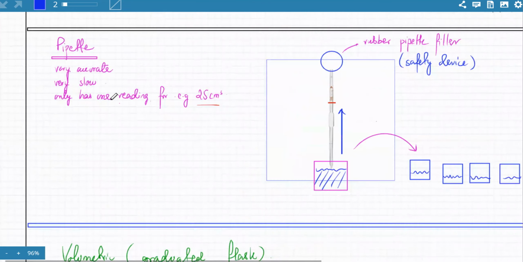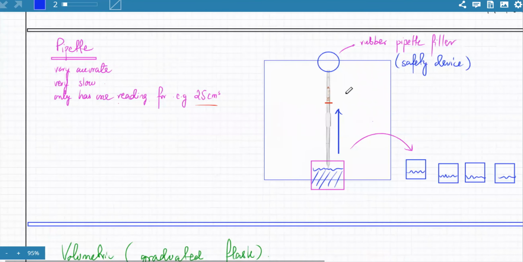And the problem with the pipette was that it had only one mark. It was very accurate and very slow, but it had only one reading, which was usually 25. I told you that it's specifically used to pour things into different beakers. For example, if I make a solution in the lab and there are four kids performing an experiment, and I want to transfer a very fixed amount of liquid and give it to each one of the students, I'm going to use a pipette.